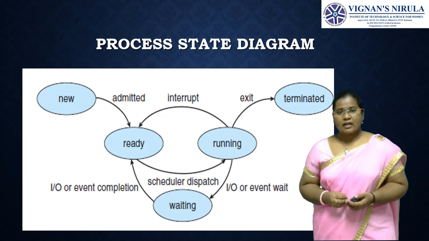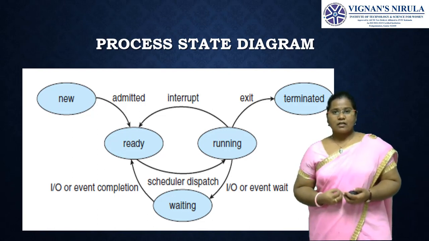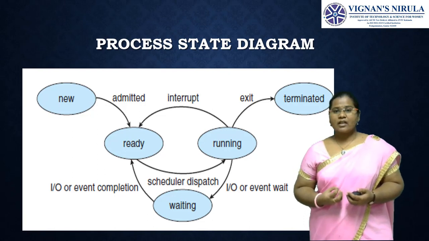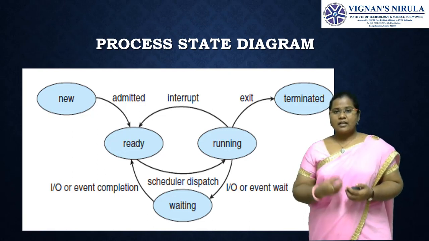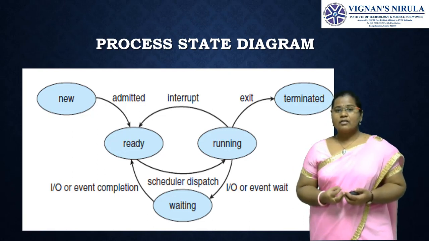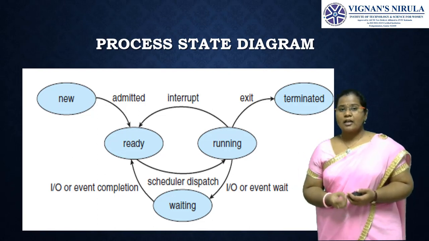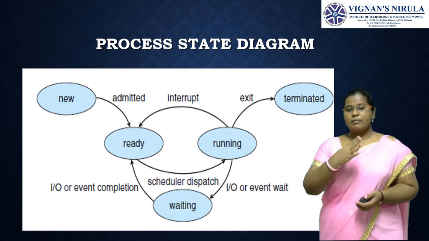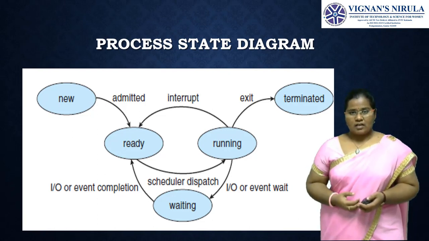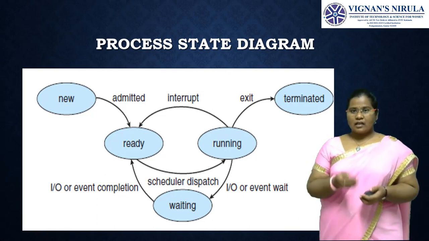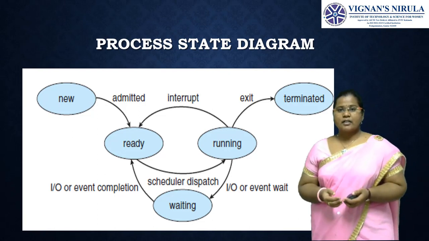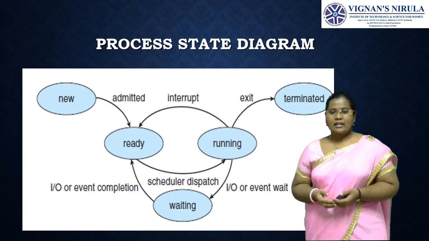Once the resources are allocated and the user gives input, and the process has taken that input, it will be ready with all the resources, ready with the input it needs. Once it is ready with the input, it is moved back to the ready state. Then from this ready state the process execution will be continued by moving it to the running state.